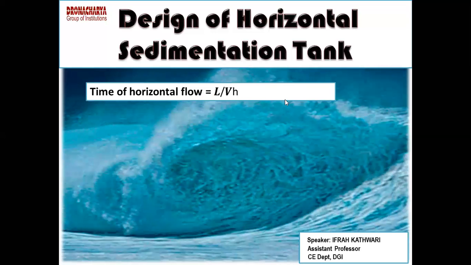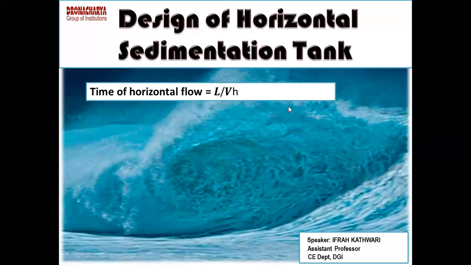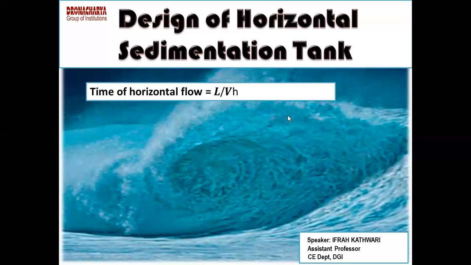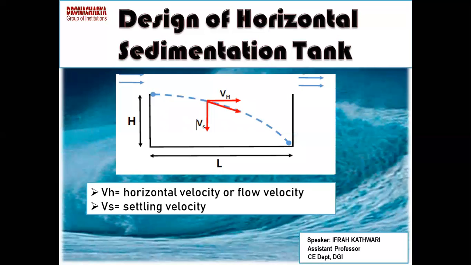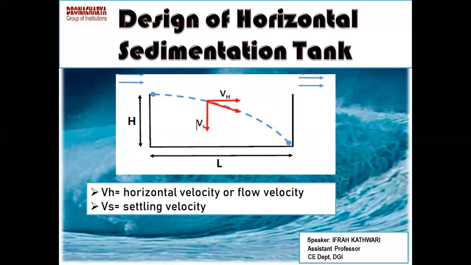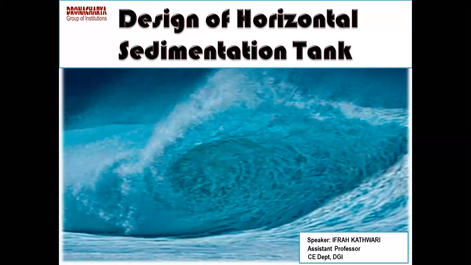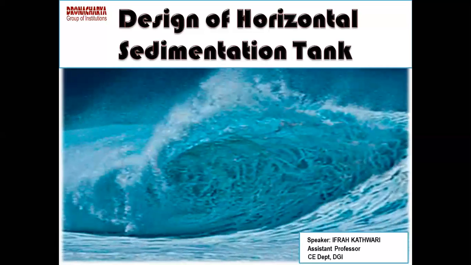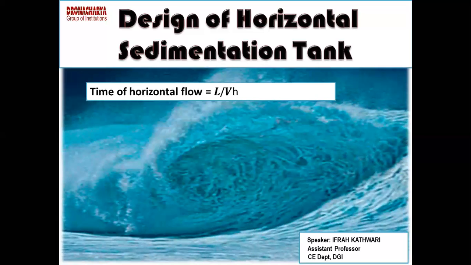Okay, now the time of horizontal flow that I was talking about in the last picture: VH is the horizontal velocity, or the flow velocity. Now talking about the time that water takes to flow inside the tank, or the horizontal flow, the time of horizontal flow can be given by L upon VH.